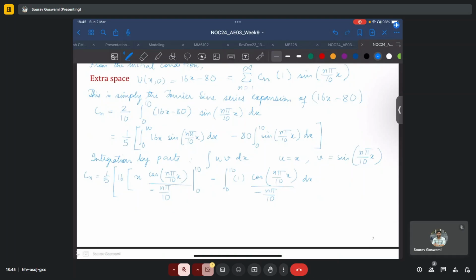And for this third term, we have minus 80 times cos n pi by 10 x by minus n pi by 10. We are at between 0 and 10.